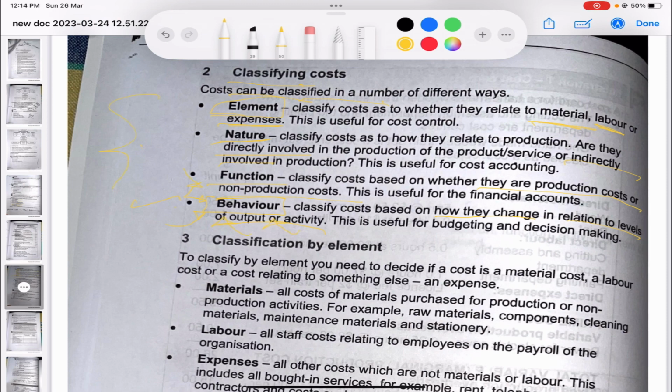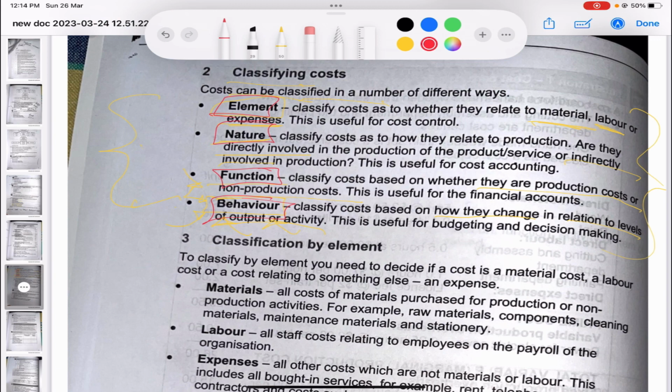So these are the ways in which you can classify cost. Element. What is element? Material, labor, expense. Nature, direct, indirect. Function, production or non-production. Behavior. What is the response of cost in relation to the change in the output or change in the activity.